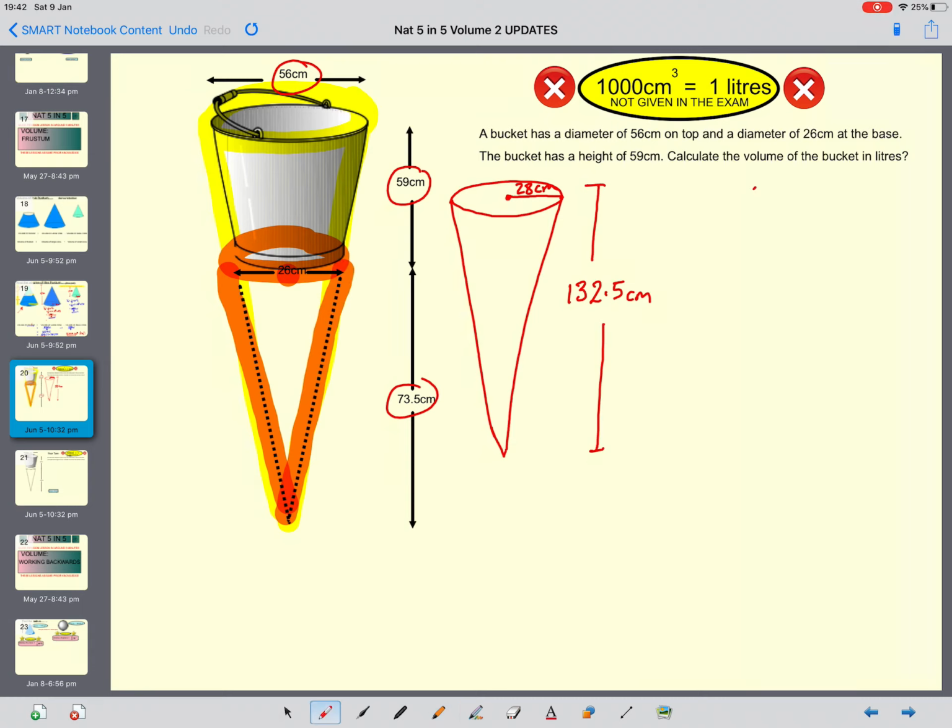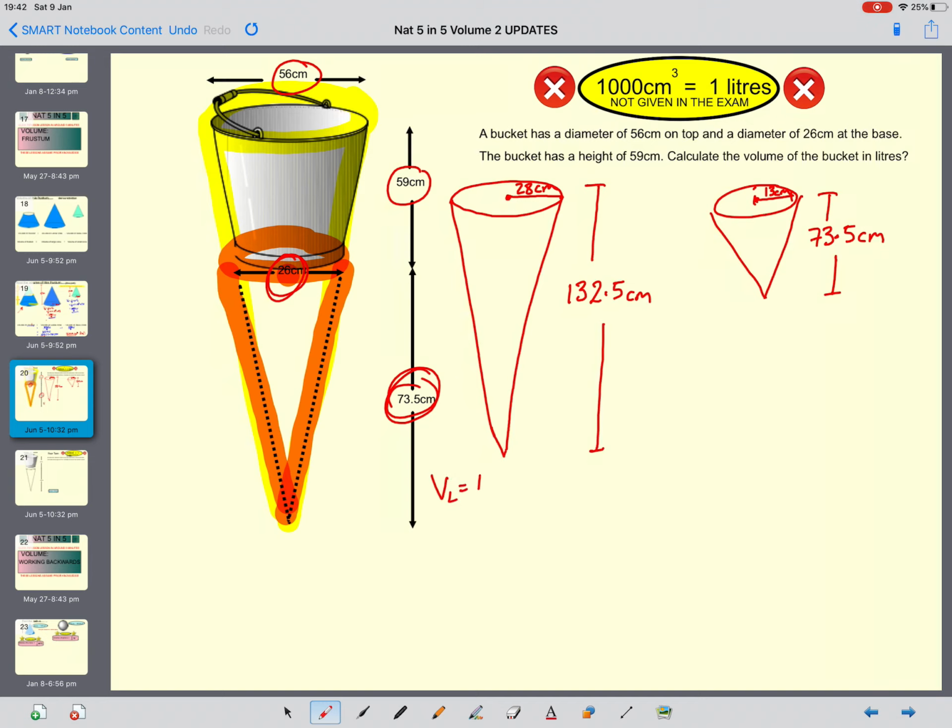So if I draw a little sketch of a smaller cone now, the height of that cone is 73.5, it tells you here. And the radius, you're told the diameter is 26, so the radius is going to be 13. So just write all your dimensions in your diagram.